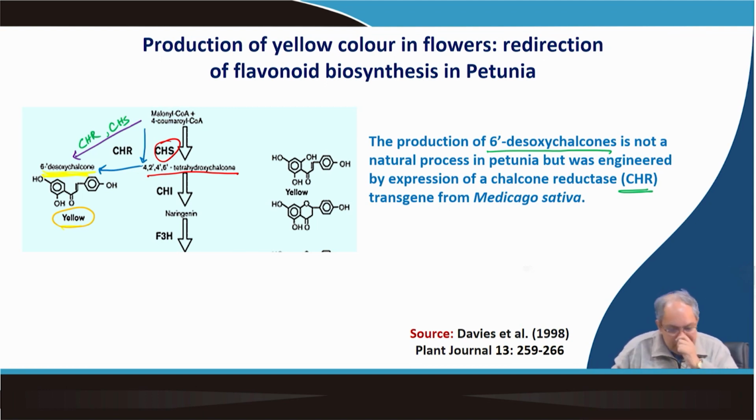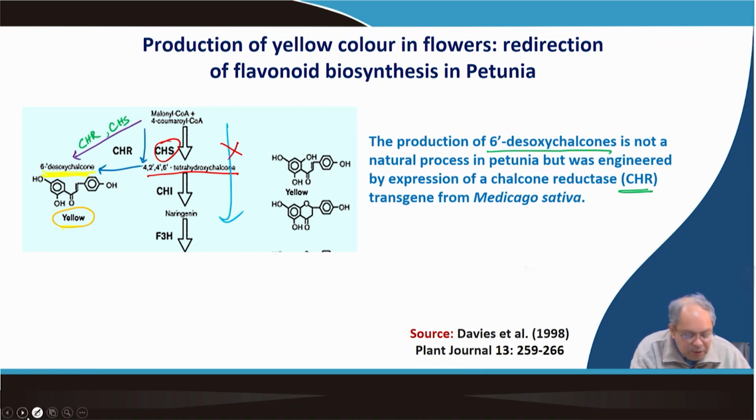Okay. So, this is what is called redirection of flavonoid biosynthesis. Flavonoid biosynthesis normally moves in this direction. Now, you are blocking that and allowing it to move in this direction. So, that is how it is called redirection.